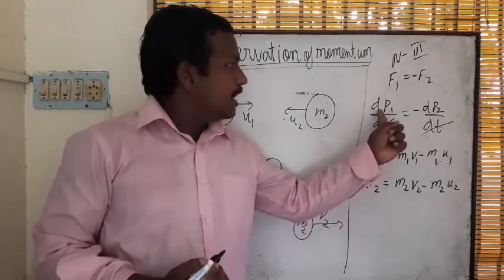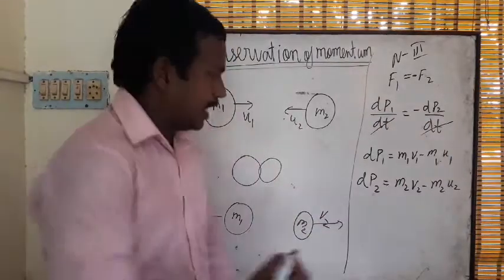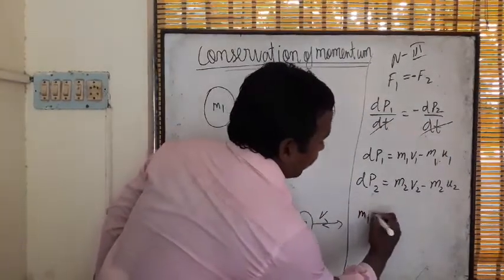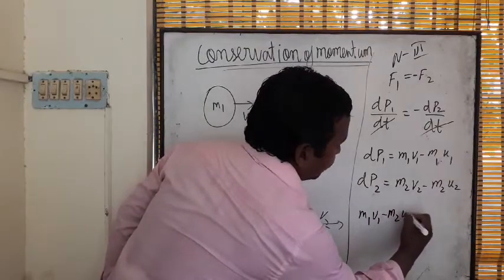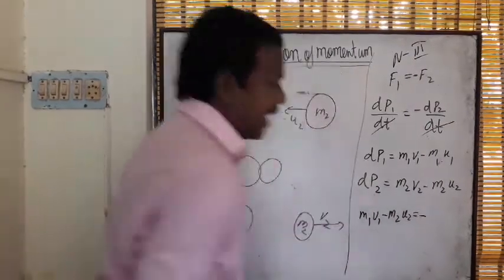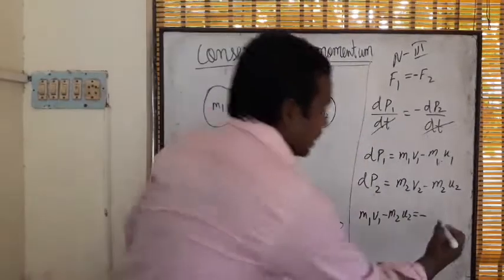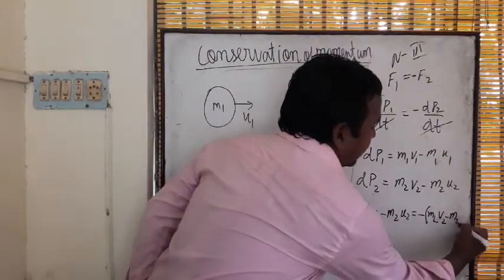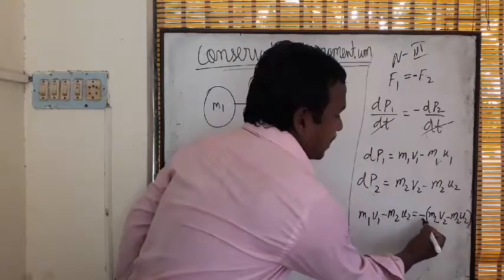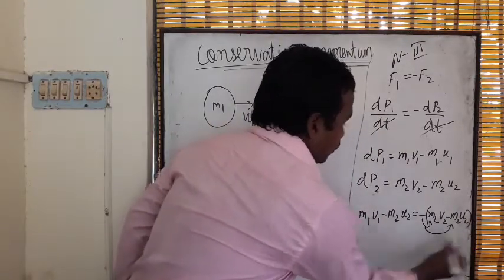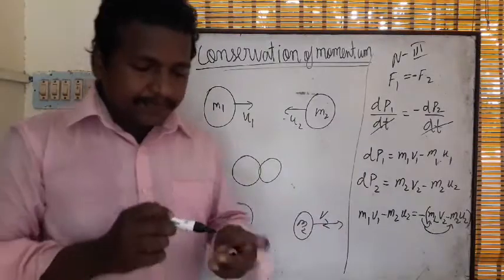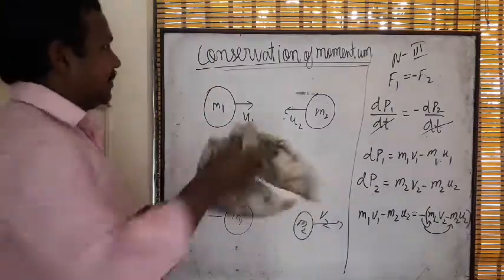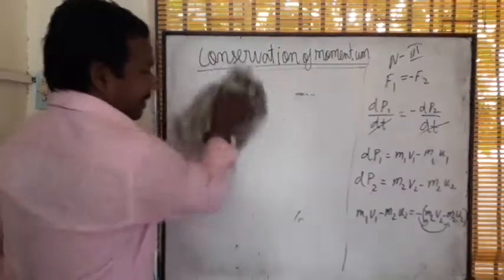So dp1 equals minus dp2. That means m1 v1 minus m1 u1 is equal to minus times the second object's m2 v2 minus m2 u2. I take this minus inside, so you will get m1 v1 minus m1 u1 is equal to minus m2 v2 plus m2 u2. I think hereafter there is no need for the diagram, so I am going to solve the remaining thing.